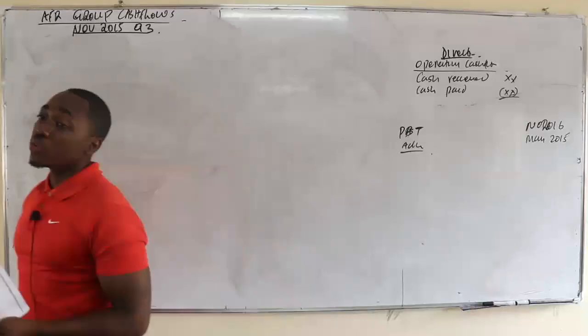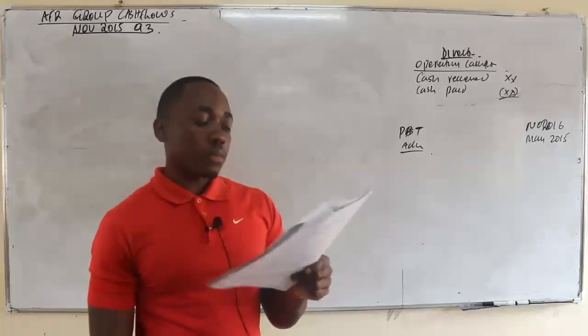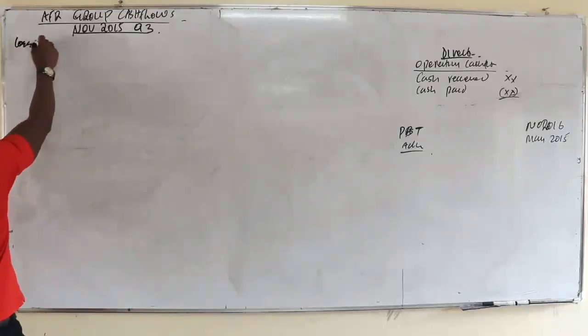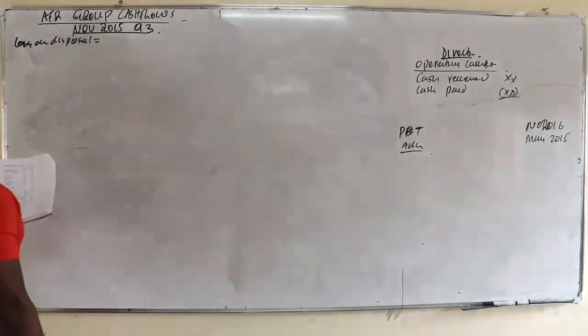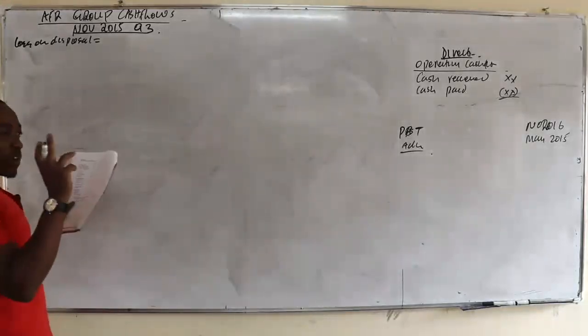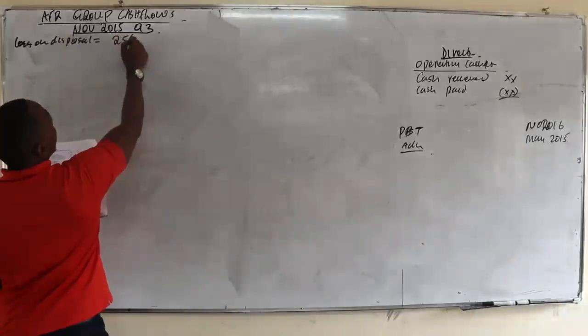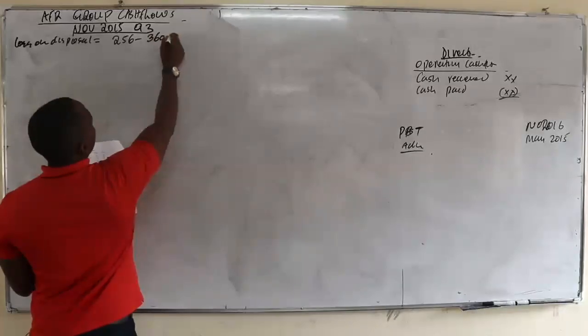We had a disposal. Now my question is, was it disposed at a gain or a loss? There is a loss on disposal. Yeah, loss on disposal. We had an item of machinery with a net book value of 360, but we only sold it at 256. So you take 256, that's what you received, but the net book value is 360.